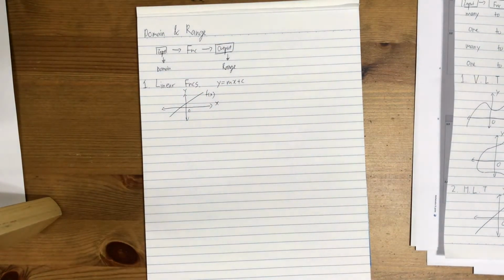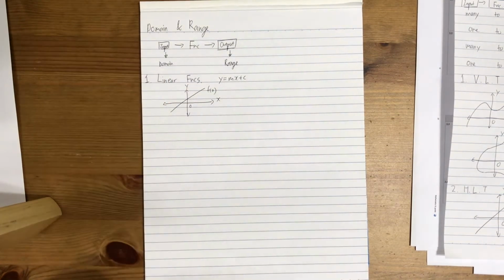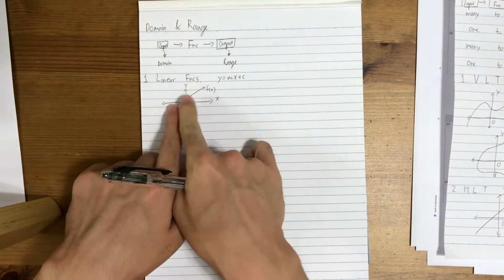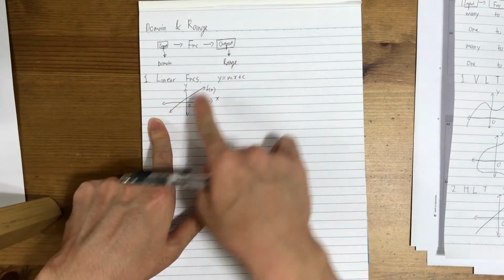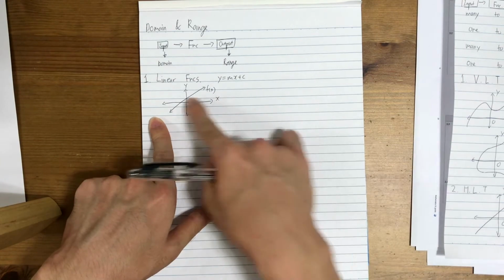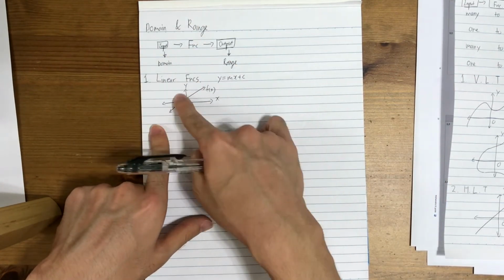Then for every linear function, is there any restriction to x values or y values? As you can see, the graph keeps on going, right? Going and going. That means it can go forever, to positive infinity and also negative infinity.